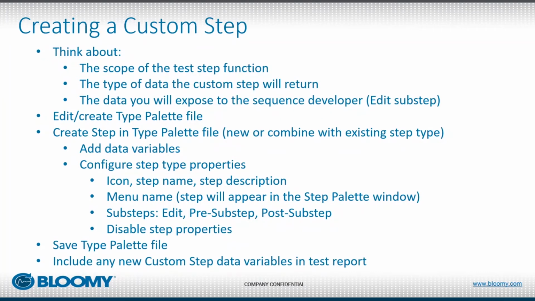You want to keep that scope within certain boundaries. You don't want the step to be doing multiple things. You take a DMM measurement, and you feed those results back to TestStand to let TestStand use its limit features to determine whether that measurement is a good measurement or a bad measurement, whether it passes or fails.